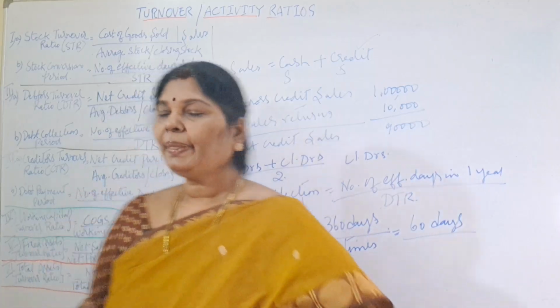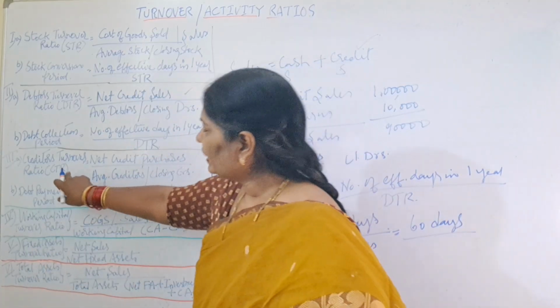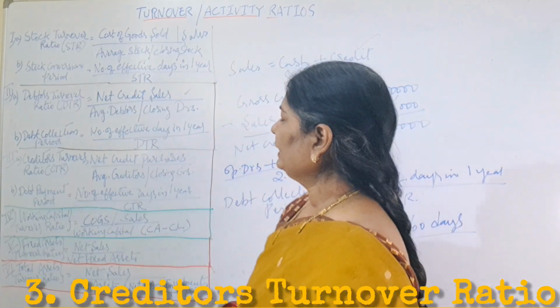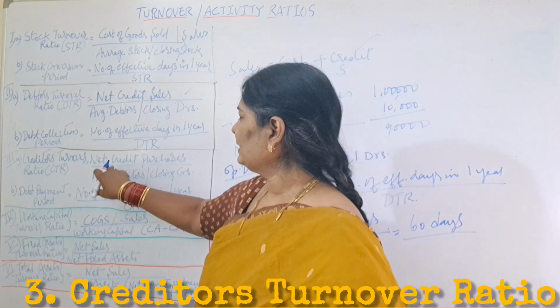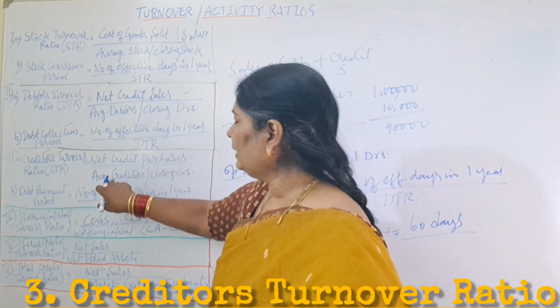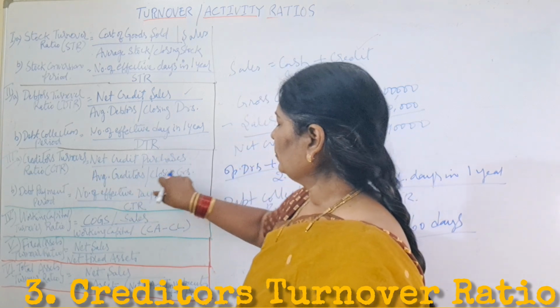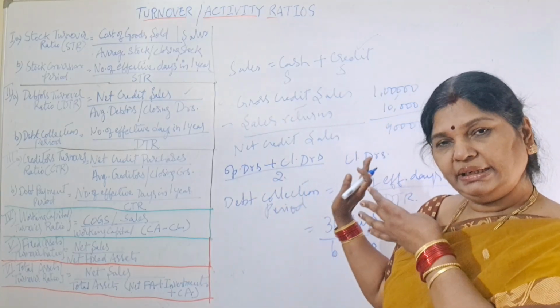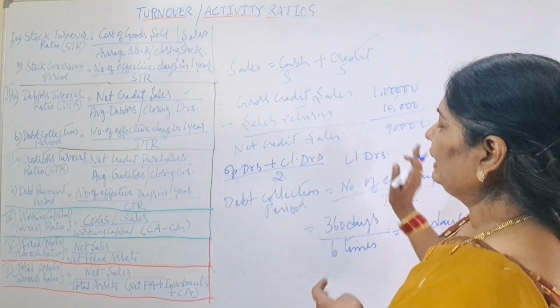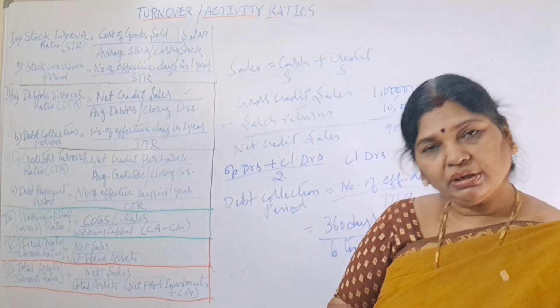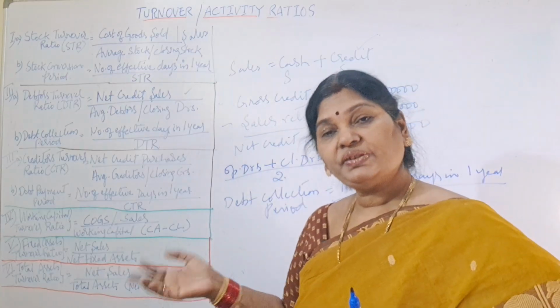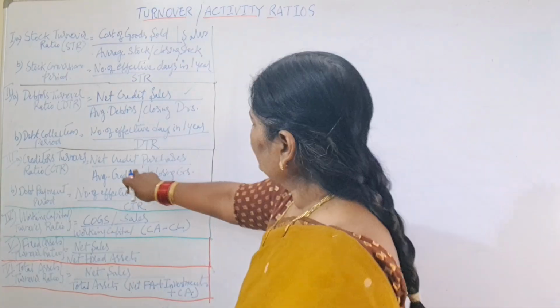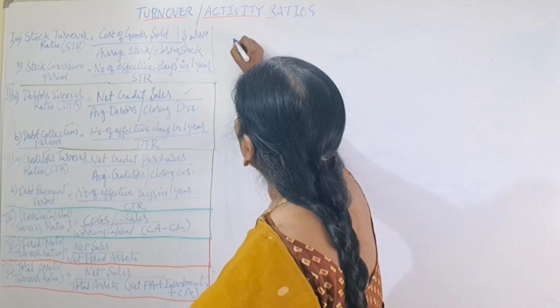The same way, we will do creditors turnover ratio also. Creditors turnover ratio means net credit purchases divided by average creditors or closing creditors. Same like debtors turnover ratio, we'll calculate creditors turnover ratio also. So instead of sales, we just use purchases. So net credit purchases means what?